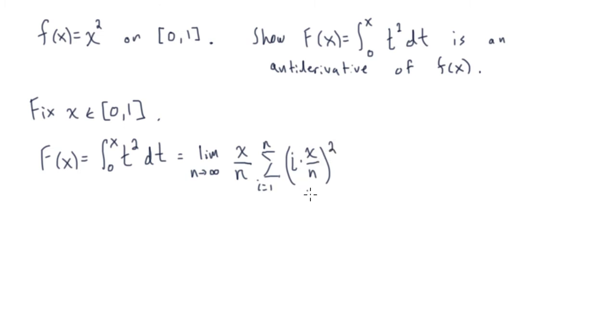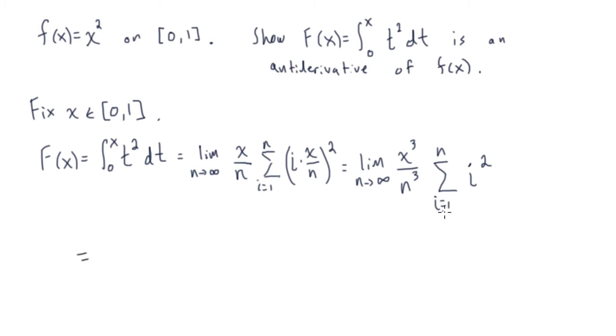Okay, so I can factor out an x squared over n squared, and I have the limit as n goes to infinity of x cubed over n cubed. And then what am I summing? I'm just summing i equals 1 to n, i squared. But I know what that is.